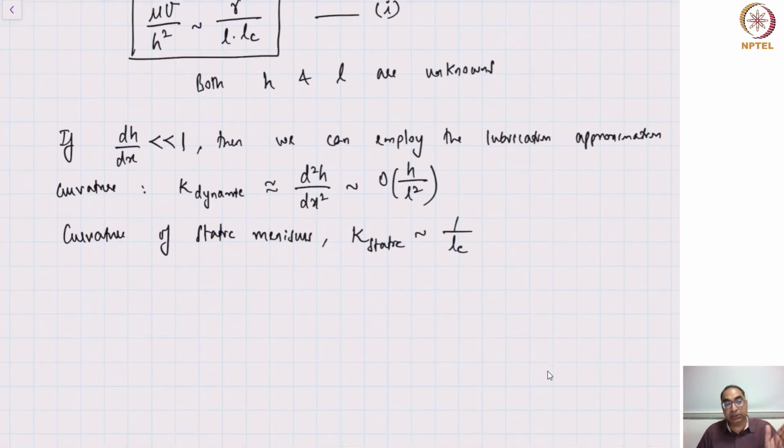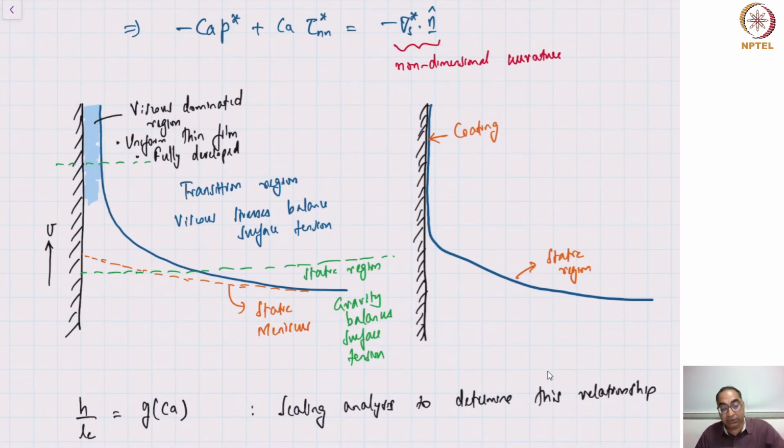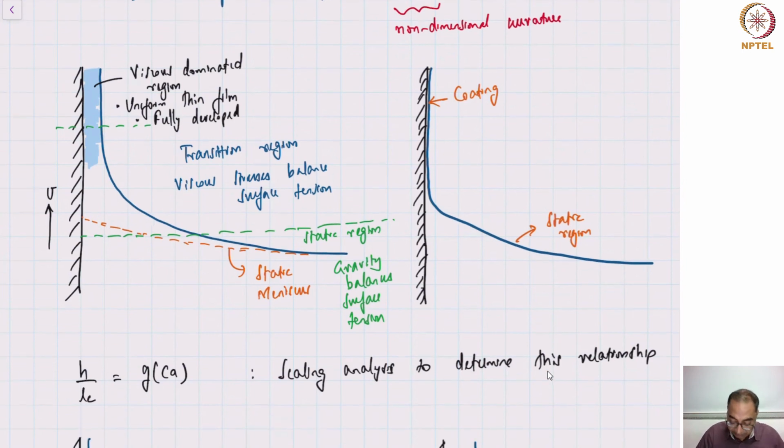Now if I want the transition region here to smoothly match the static region, this will happen when the curvatures of these two interfaces in these regions match, so that we have a smooth transition from static meniscus as I approach the transition region.